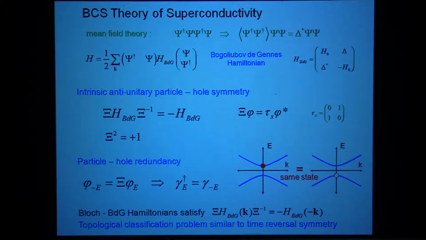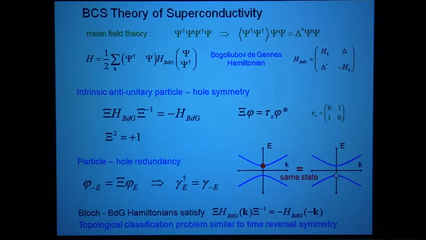Okay, so now I have this Hamiltonian, and in a superconductor there's an energy gap, which has a conduction band and a valence band, just like the ordinary band structure that I've been talking about all along. But the price that I paid is I made this artificial doubling, and by making this artificial doubling, I have introduced an intrinsic symmetry that this Hamiltonian has to obey, an intrinsic particle-hole symmetry.